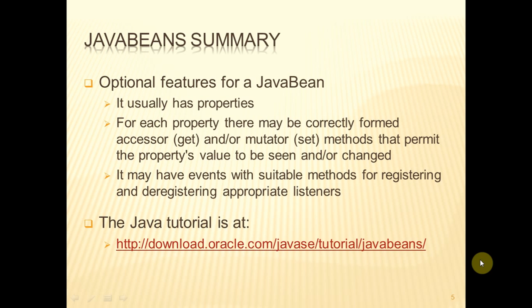It's also possible to have various listeners registered and deregistered with these beans, and that can therefore set up the requirement to have certain callback methods to be implemented in them. But as it says at the top of the screen here, these are optional features. So for us to call it a Java bean, it must be a public class, it must have the default constructor method, and it must implement the serializable interface.